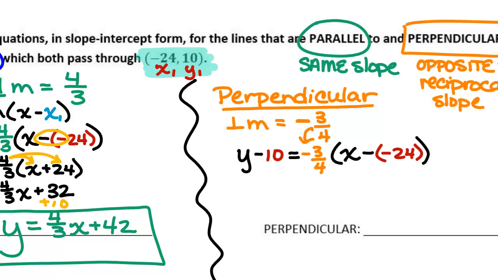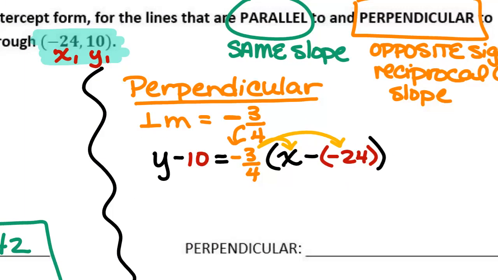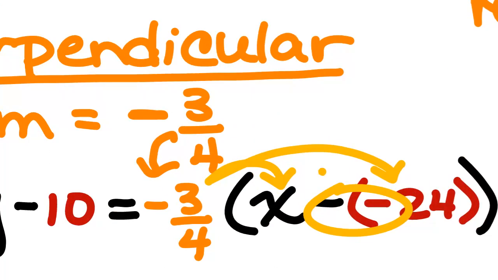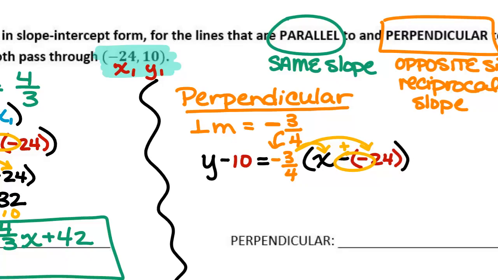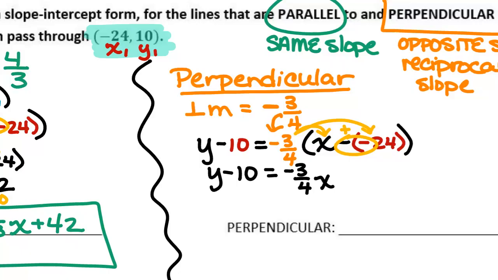So then I take that negative 3/4, I distribute that to both of these pieces. This right here is going to turn to a plus. So then I would have y minus 10 is equal to negative 3 over 4x. This is going to be a positive 24, but I'm multiplying it by a negative 3 over 4.